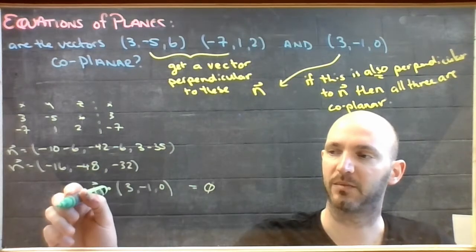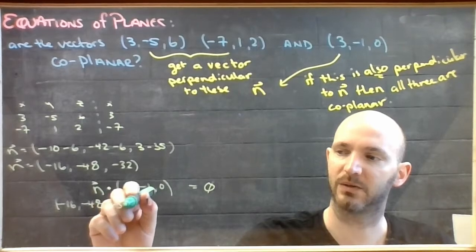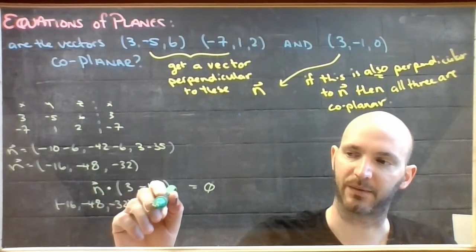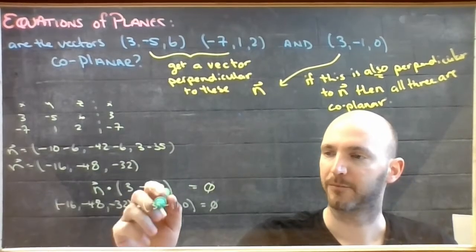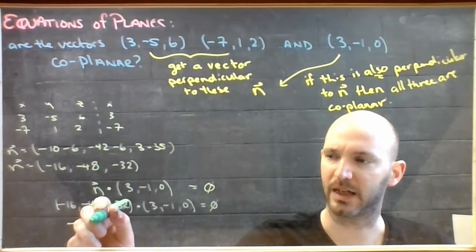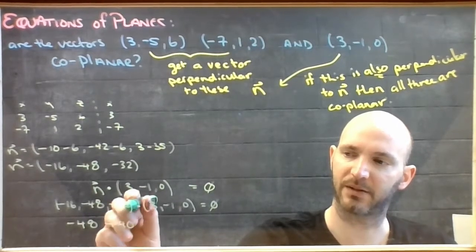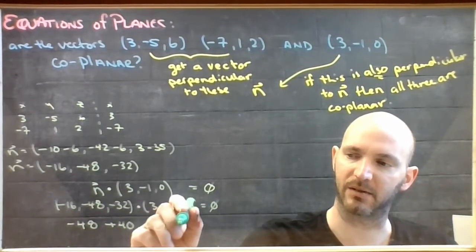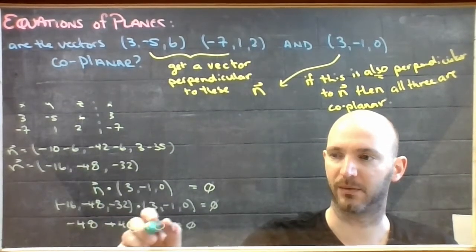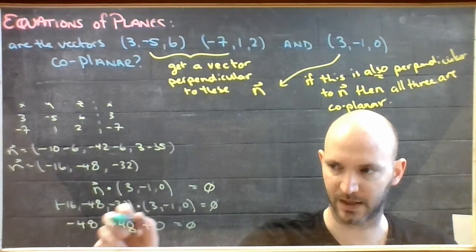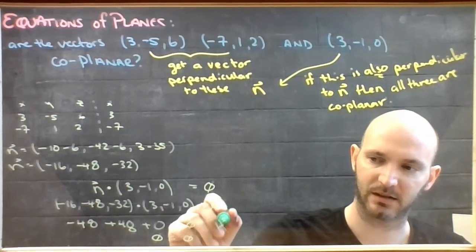So my n would be (-16, -48, -32), dotted with (3, -1, 0). 3 times -16 is -48, -48 times -1 is +48, -32 times 0 is 0. So -48 plus 48 is nothing, equals nothing. Huzzah!